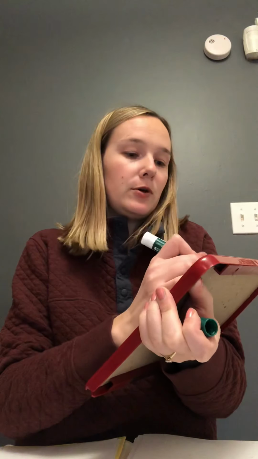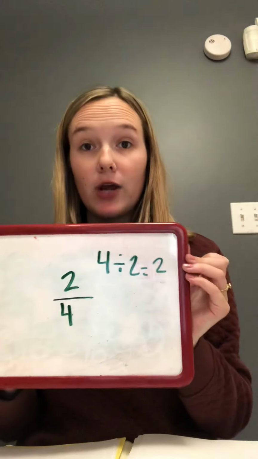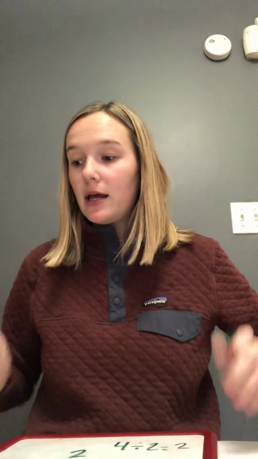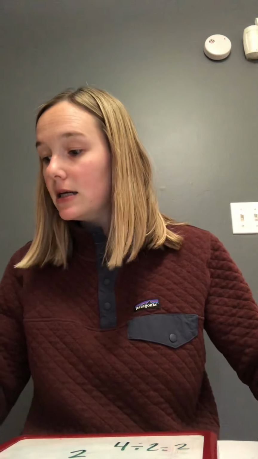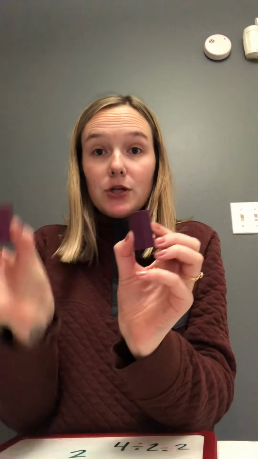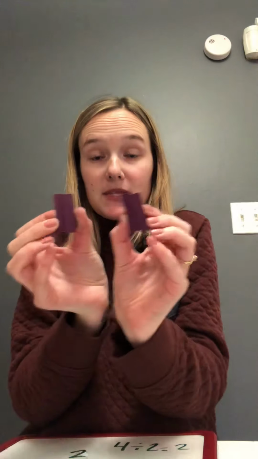Because if we go 4 divided by 2, that's 2. And remember, if your answer is 2, that means it's half. It's also half because I have 4 and I have 2 and 2. So it's even on both sides. So that's how you do those word problems.